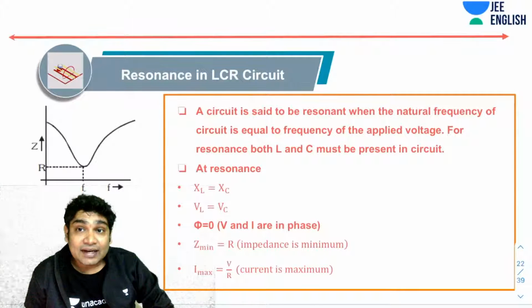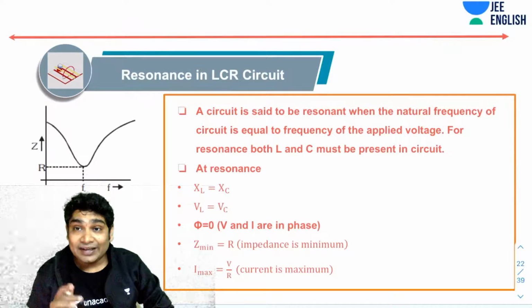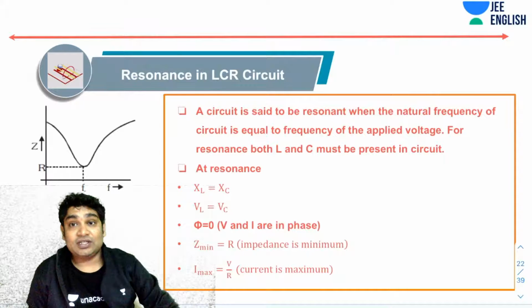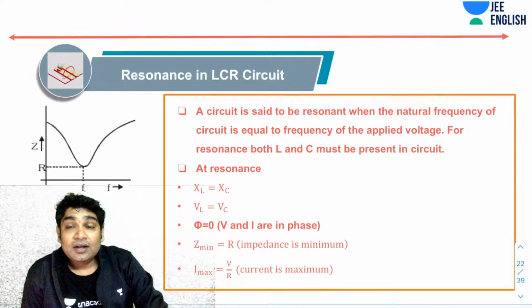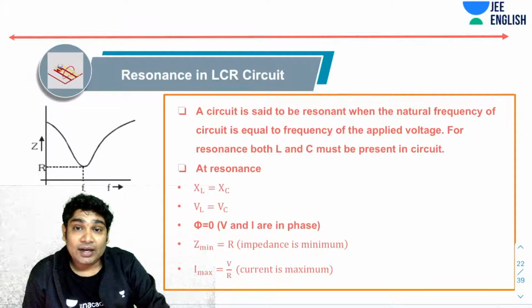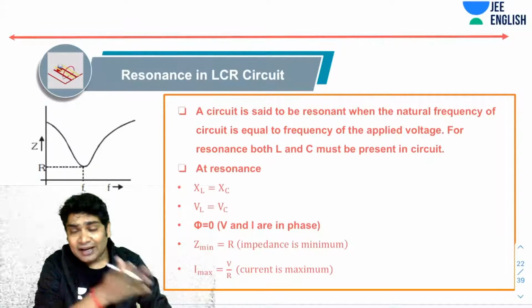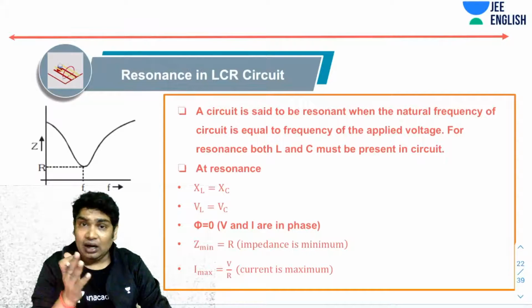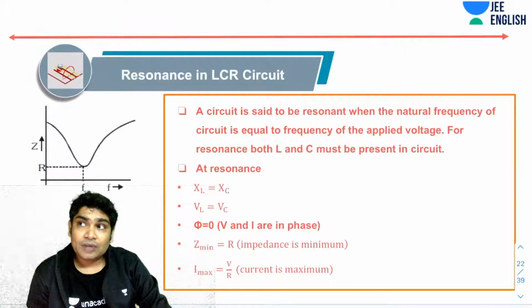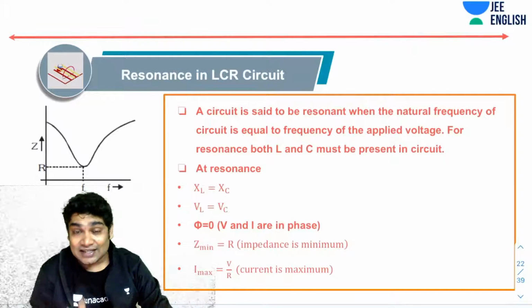So a circuit is said to be resonant when the natural frequency of the circuit is equal to the frequency of the applied voltage. If you remember the analysis, compare all these circuits with your oscillatory situations. I told you about the LC circuit.